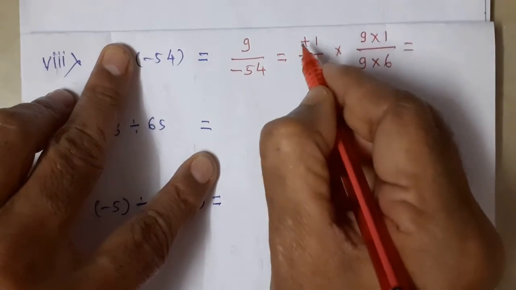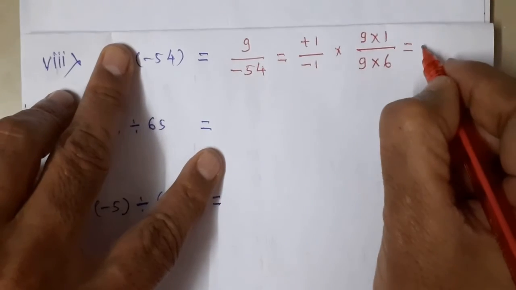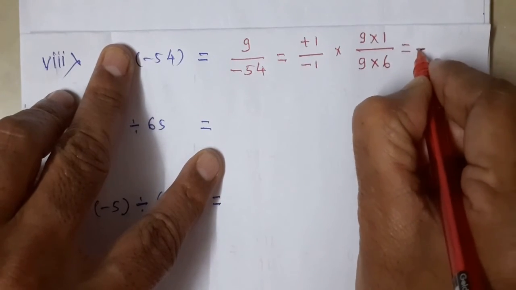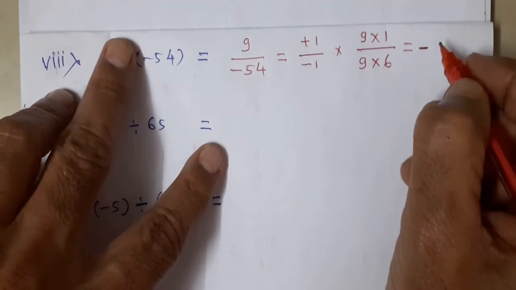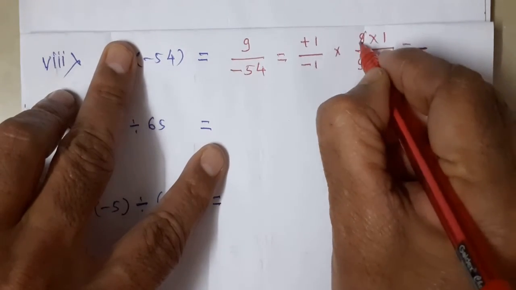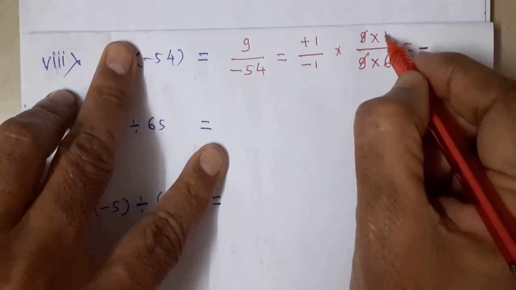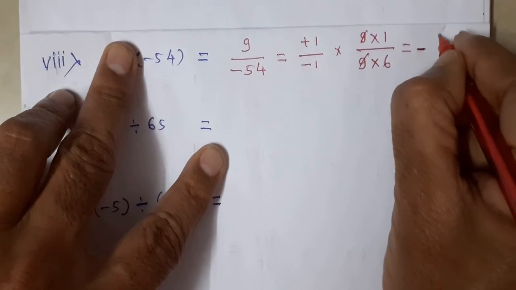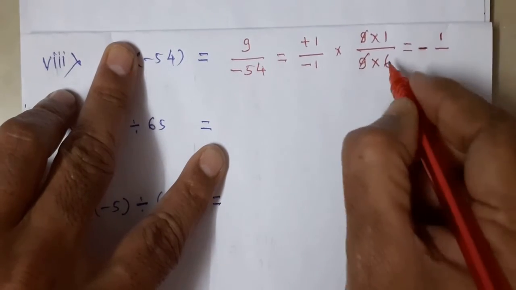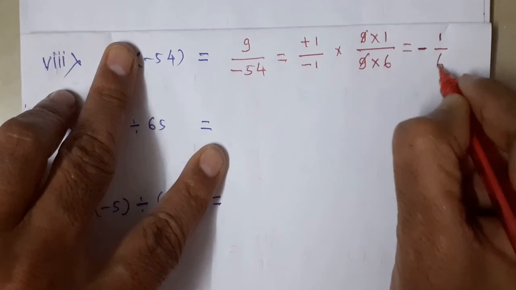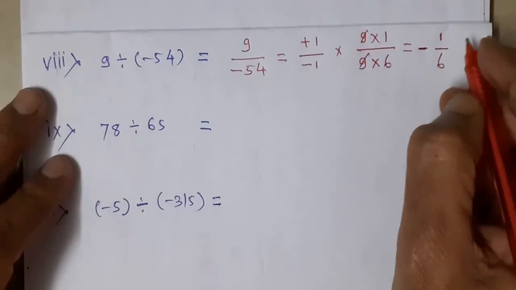When we divide a positive number by a negative number, the result is always negative. The 9 is common, so I cancel it. 1 times 1 is 1 and 6 ones are 6, so the result is minus 1 by 6.